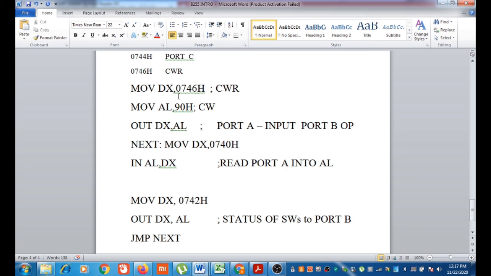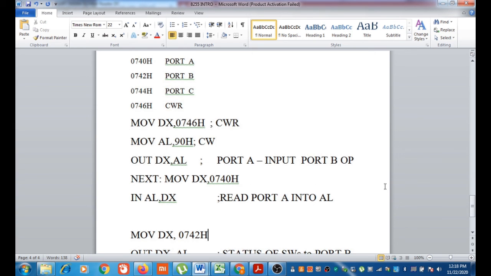So what you have done is, first you have loaded the control word register address to DX, then you have written the control word 90H to the port with address 0746H. Then you have to read port A. Address of port A is 0740H.